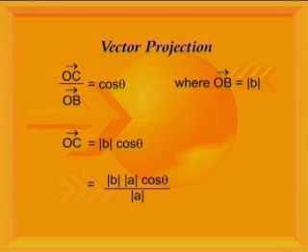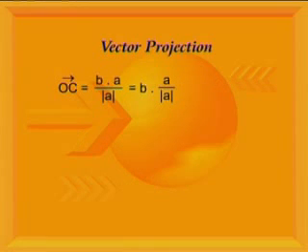So we have B dot A whole divided by magnitude of A, and we can write it B dot A divided by magnitude of A. A divided by magnitude of A is the unit vector in the direction of the vector A. So the formula is that whenever we want to find the projection of vector B in the direction of a vector A, then find the dot product of B with the unit vector along the direction of A. So this is the scalar projection.